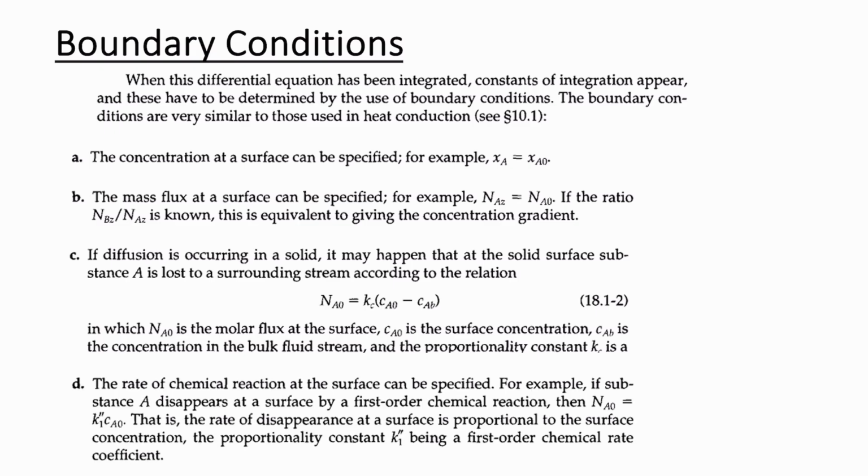The final boundary condition is that the rate of chemical reaction at the surface can be specified. For example, if substance A disappears at a surface by a first order chemical reaction, then NA0 is equal to k1'' into CA0. That is, the rate of disappearance at a surface is proportional to the surface concentration, the proportionality constant k1'' being a first order chemical rate coefficient.